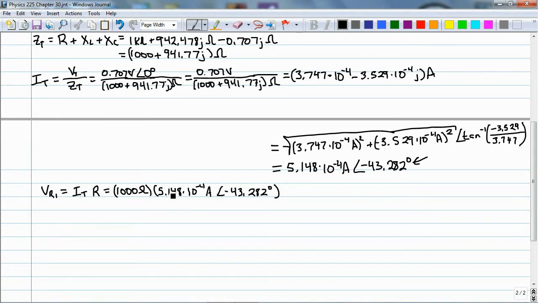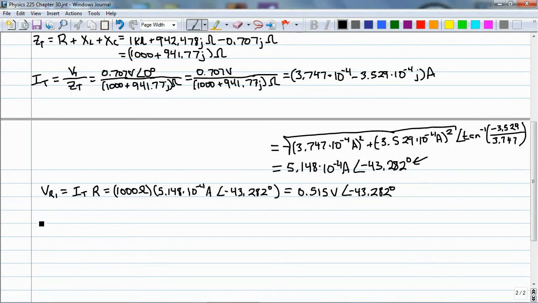And since it's just 1000 multiplying this, it's just a scalar, then all I'm going to have is 0.515 volts at an angle of negative 43.282 degrees.